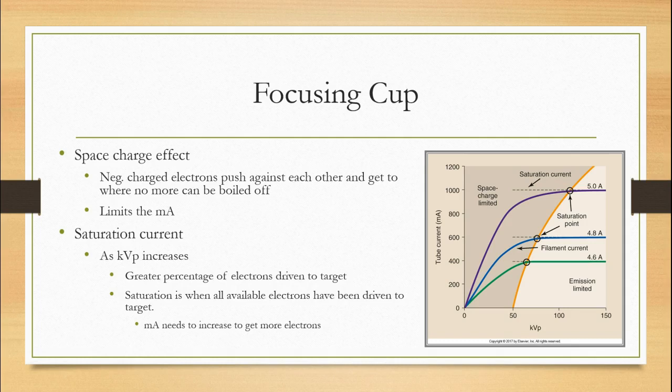In order to get more mA, you need to select a higher level. So if you're at 50, you need to go to 100 or whatever. As kVp increases, a greater percentage of electrons are driven to the target. So for that kVp, the max that you can get is here. In order to get more, you need to set more mA. As you can see here, this is your tube current in mA, and here's your kVp, and you can see where it saturates. There is no more to go across.